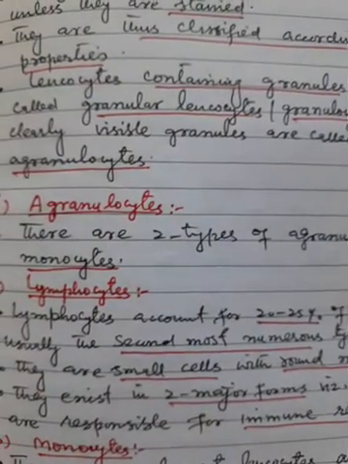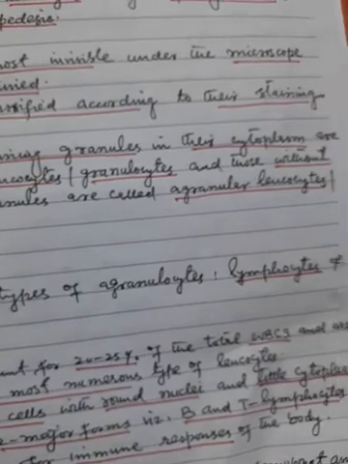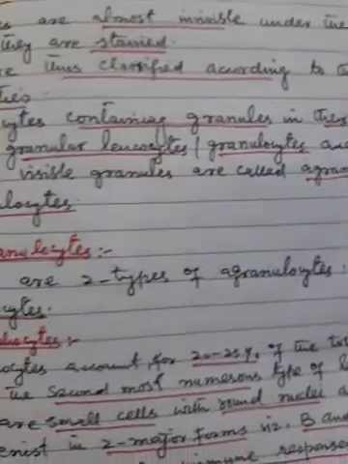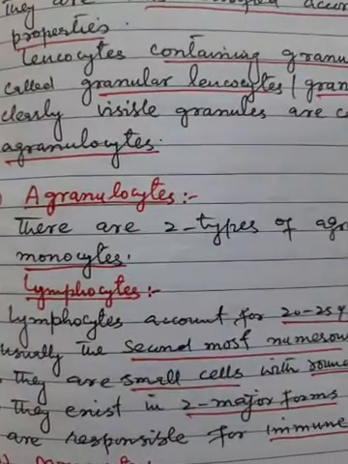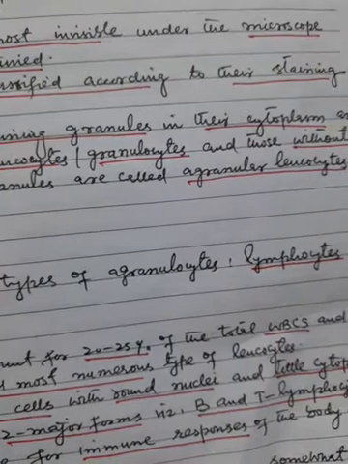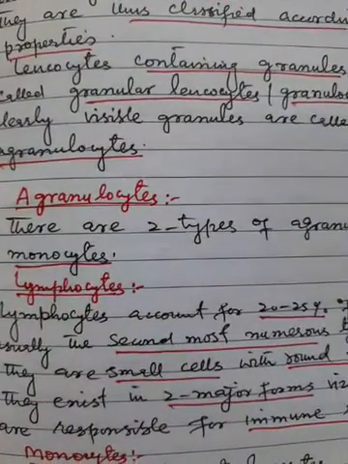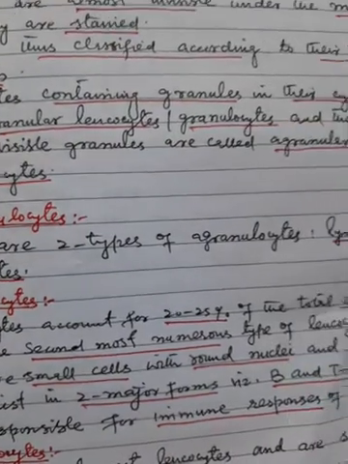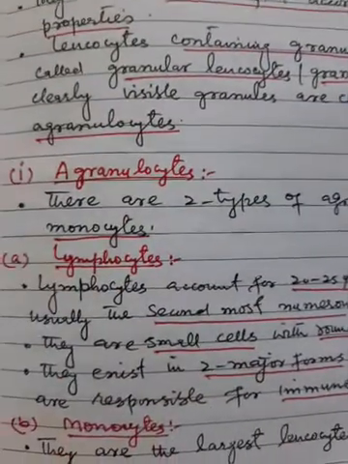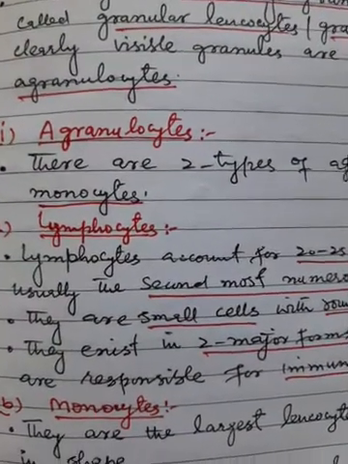They are small cells with round nuclei and little cytoplasm. They exist in two major forms, namely B and T lymphocytes, and are responsible for immune responses of the body.